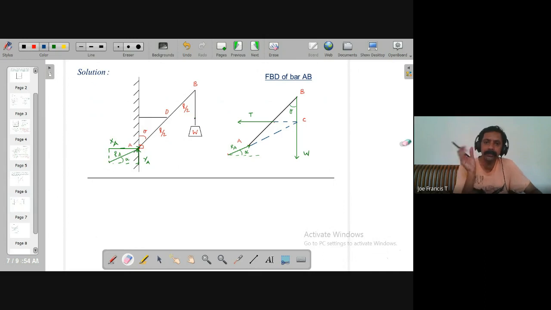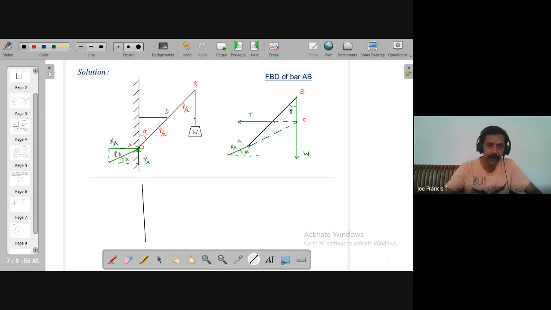Now you have three forces in equilibrium. So you have T, W, and RA. Now you can straight away write equations of equilibrium and then find values for T and RA. So as usual, I'll just represent these forces alone in an XY plane.